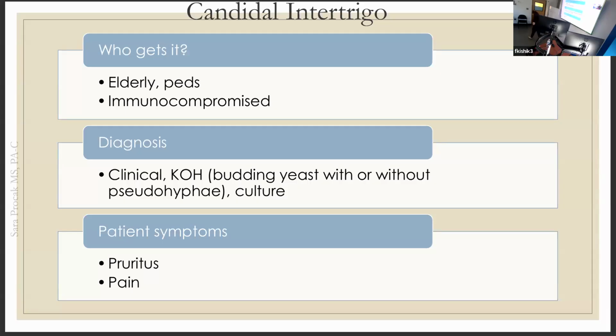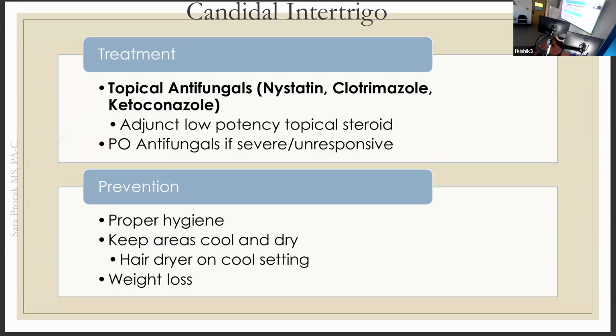All right. So diagnosis for this is clinical. Okay, you could do your KOH and you're going to see your budding yeast and pseudohyphae that you would expect to see with Candida albicans. It's going to be pruritic. Okay, sometimes it's going to be painful, especially when there are erosions that may be present. All right. And treatment for this is going to be your topical antifungals. So nystatin, clotrimazole, ketoconazole, some of the common ones.